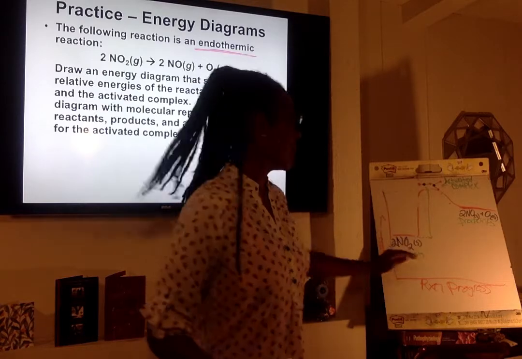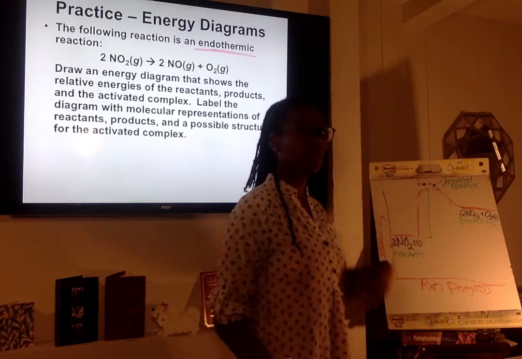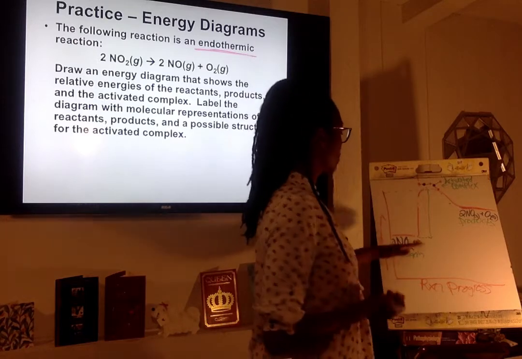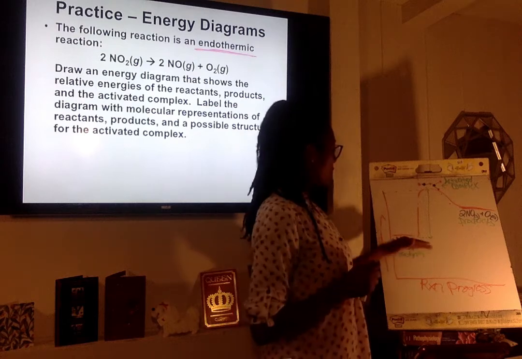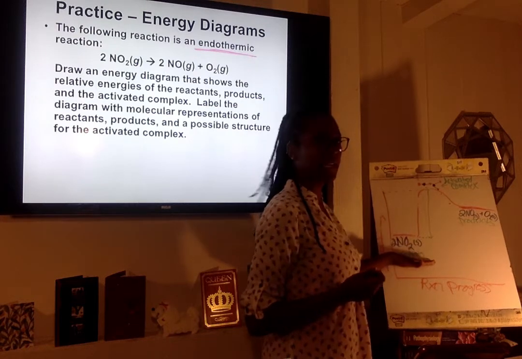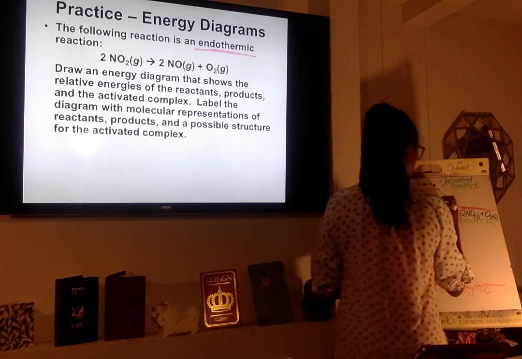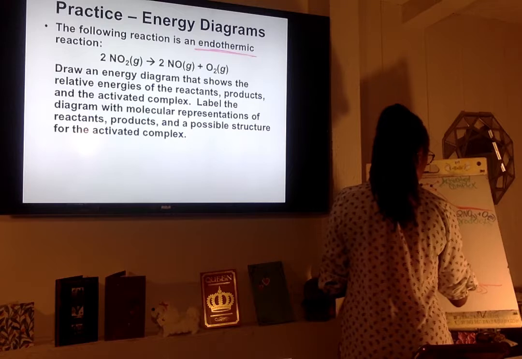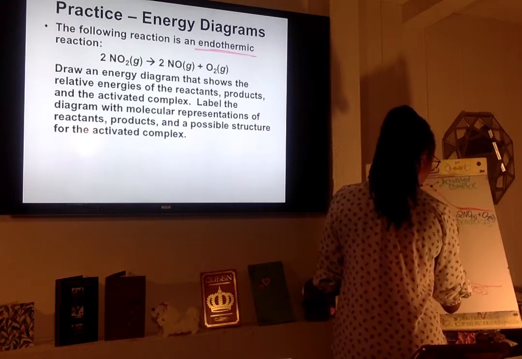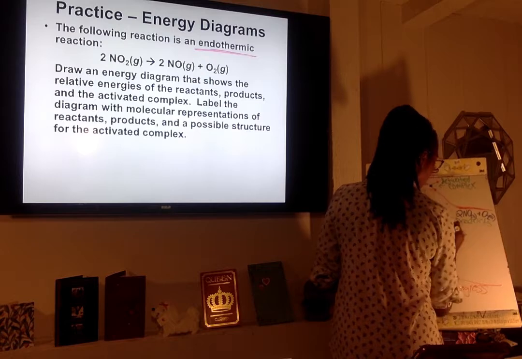The amount of energy that the reactants have to get over in order for the reaction to take place. Even though the products would be higher in energy, it's always based off how much energy the reactants need to get over. So this area would be the EA, which is the activation energy.